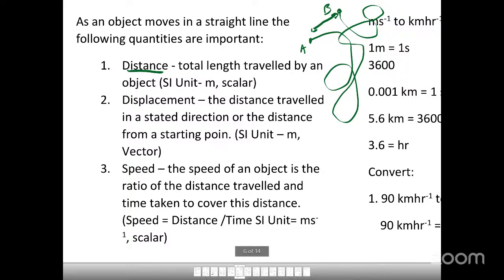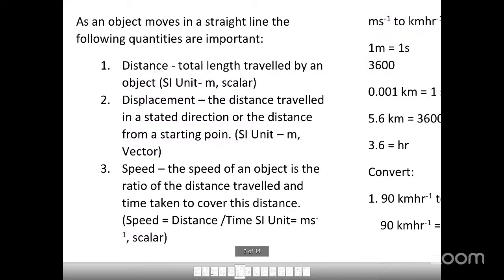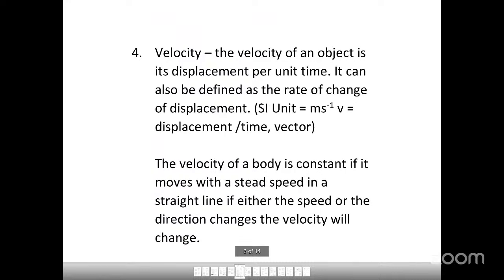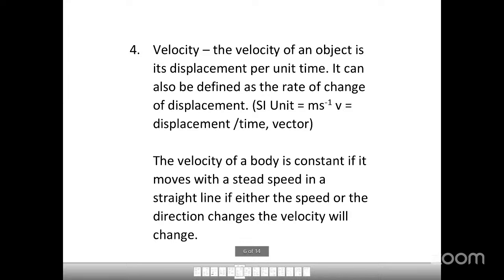Speed is a ratio of distance over time, a scalar quantity. Velocity is displacement divided by time, the same SI unit, but velocity is a vector quantity.